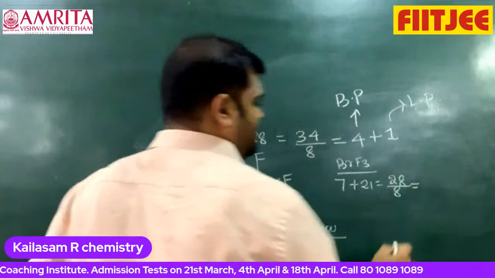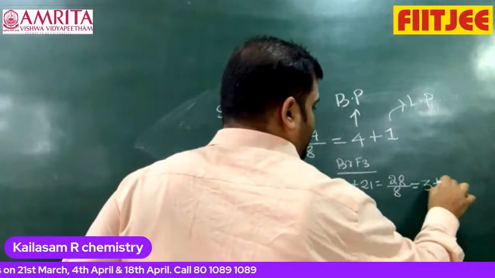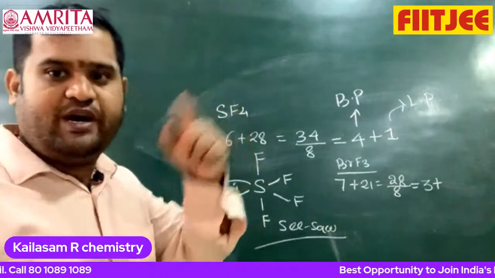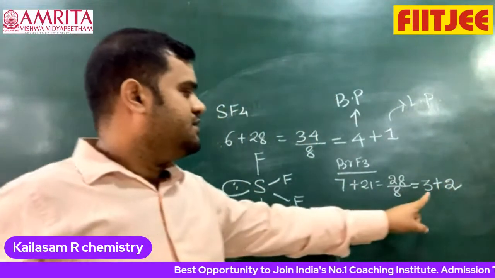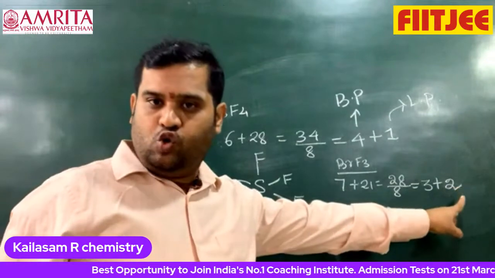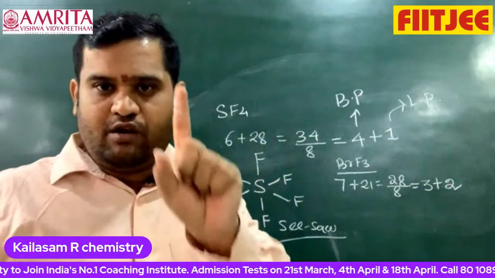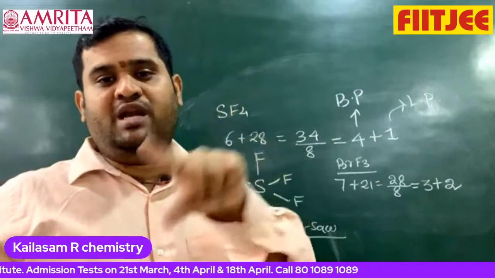You have 3 8s are 24. Remainder is what? 4. That 4 is considered 2 lone pairs of electrons. Now we can say this is 3 bond pairs and 2 lone pairs. We know that in trigonal bipyramidal geometry, the lone pair always occupies which position? Equatorial position to minimize the repulsion.